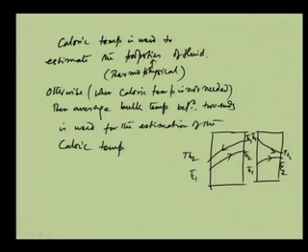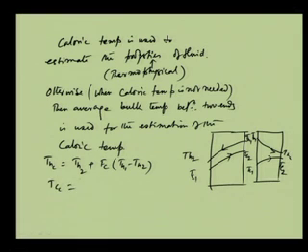Thc is the caloric temperature for the hot fluid, given as Th2 plus Fc into Th1 minus Th2, and Tcc, the caloric temperature for the cold fluid, is given as Tc1 plus Fc into Tc2 minus Tc1.